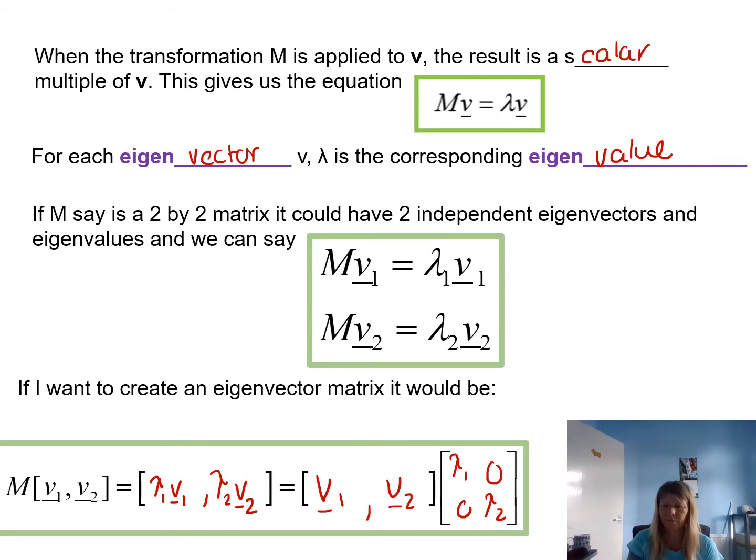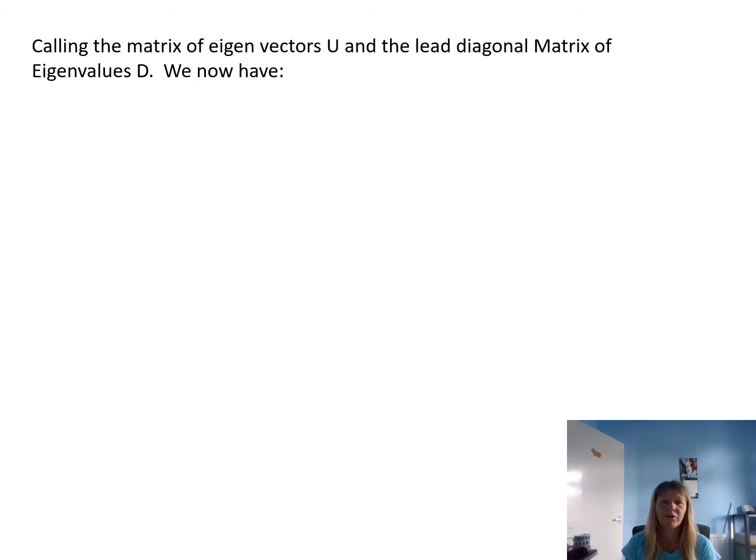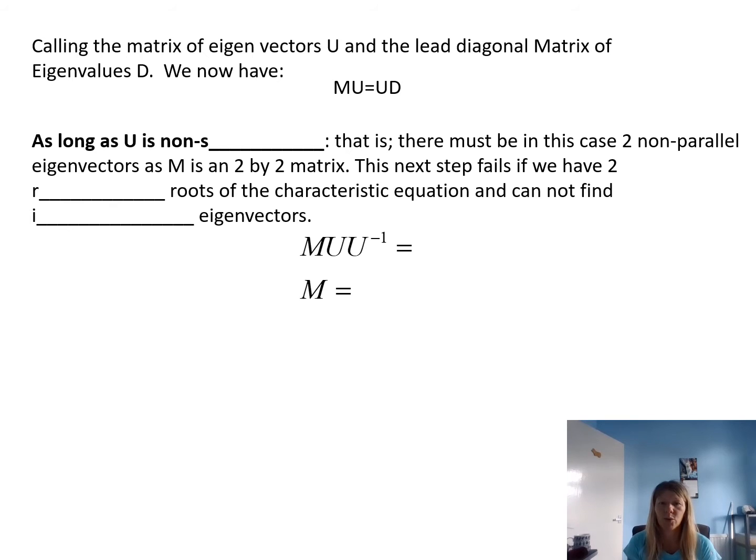Right. So calling the matrix of eigenvectors U and the lead diagonal matrix of the eigenvalues D, we now have MU equals your V1, V2 times lambda 1, naught, naught, lambda 2 as your D. So now, as long as U is non-singular, that means it'll have an inverse.